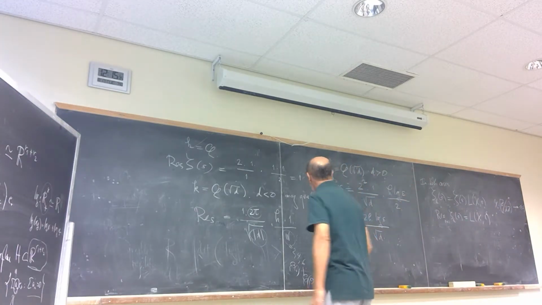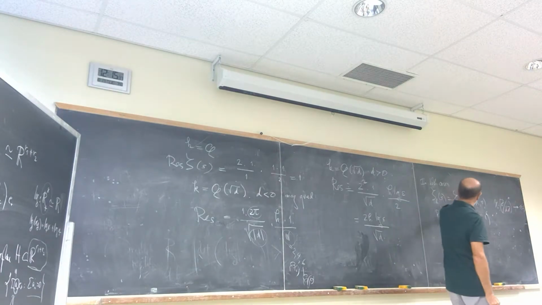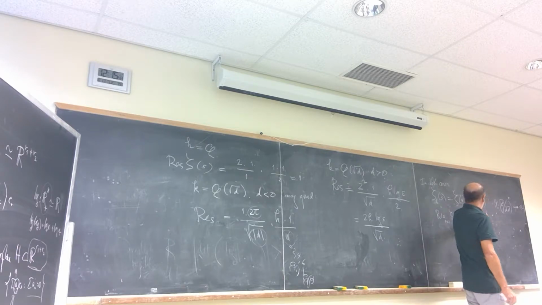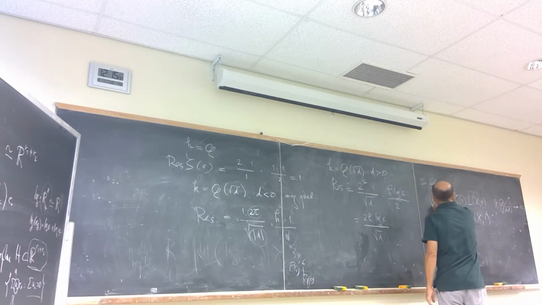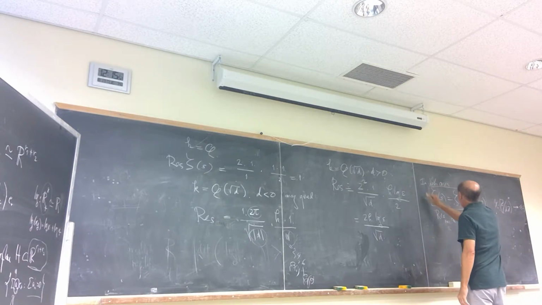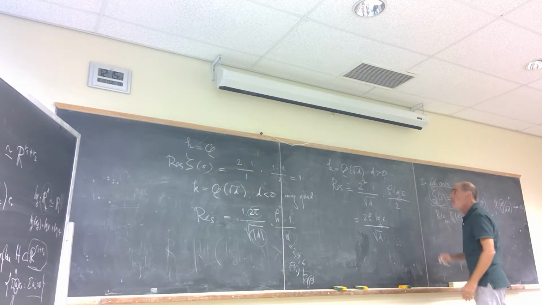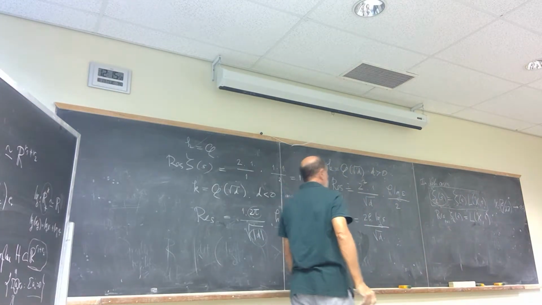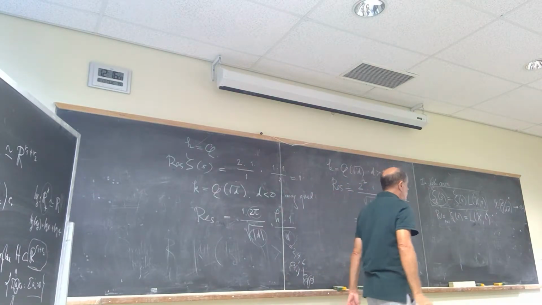I mean, the only way that this product can have a simple pole, if this has a simple pole, is if this is regular at s equal 1 with non-zero value. And that's basically how Dirichlet proved that this value was non-zero. By comparing it, by using this formula, and then finding a formula for the residue of this at s equal 1, in these two cases, which I'll show you how we did it, and he gets this value.